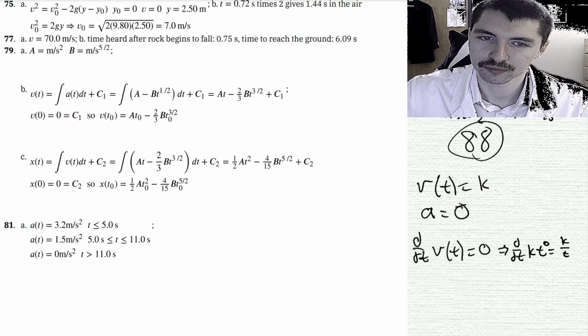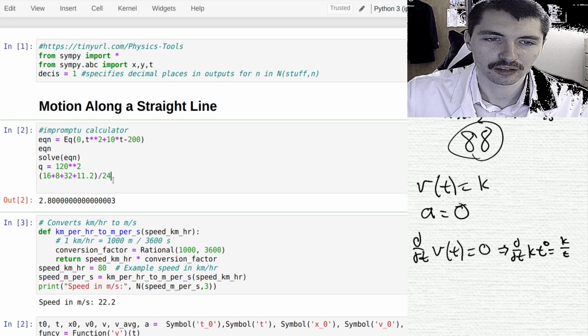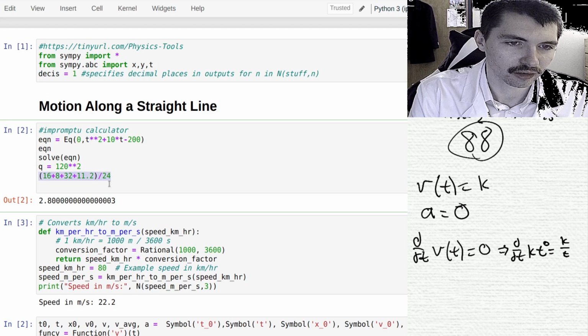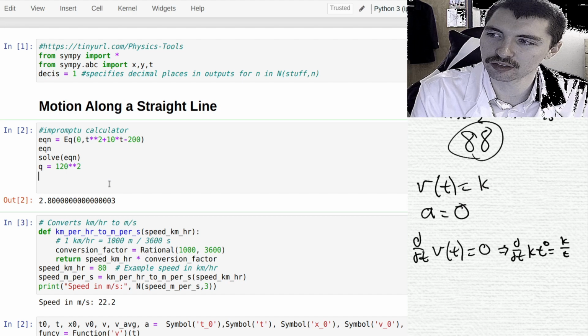So let me just verify. Say x is a symbol.